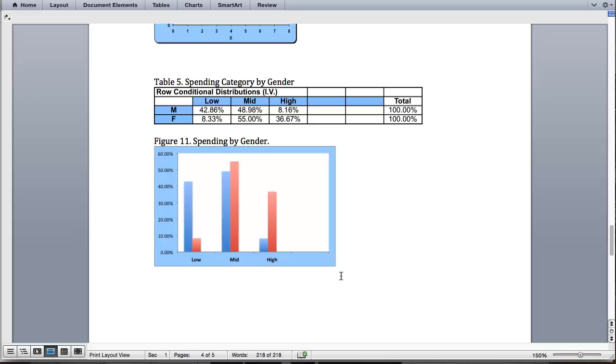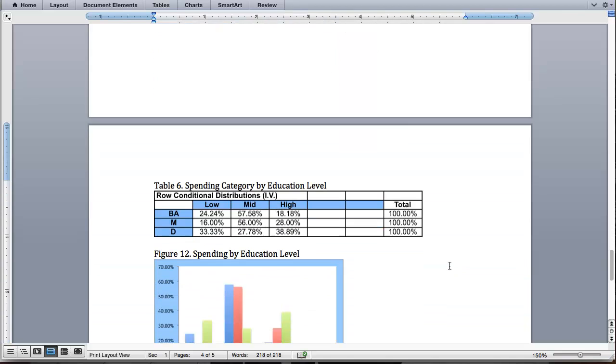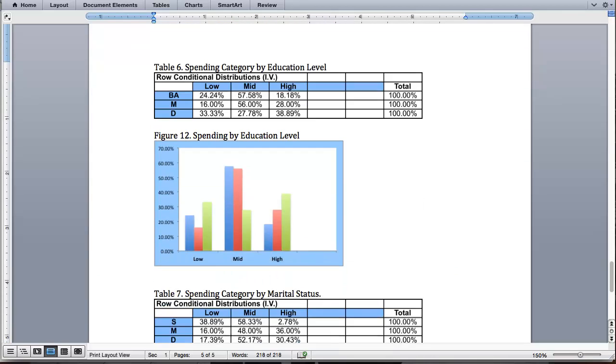And if we simply continue to use our Excel tool, we could look at the spending category distribution by education level. Here we could see that education level does not have a particularly strong effect on spending category, certainly not as strong of an effect as we saw gender have. And we can tell that because of the differences.